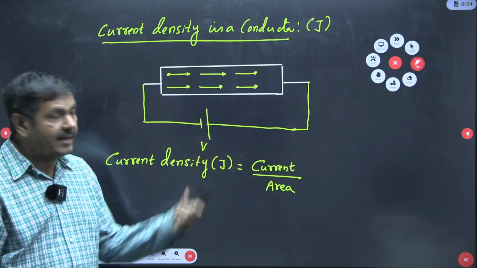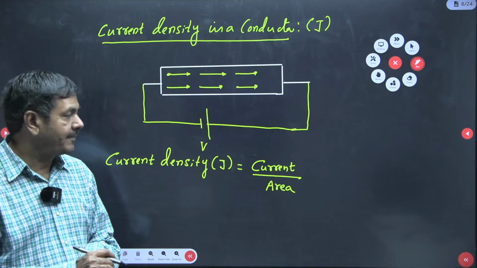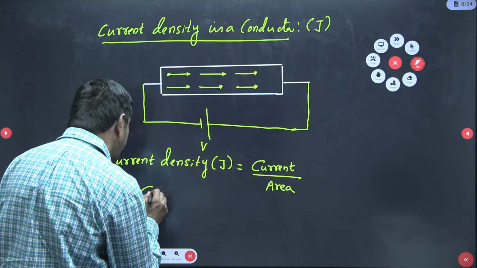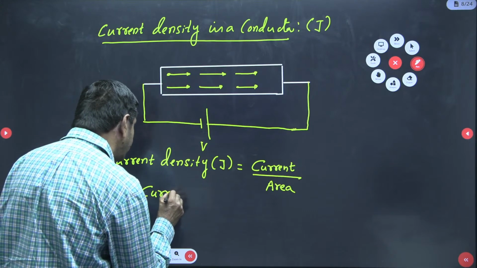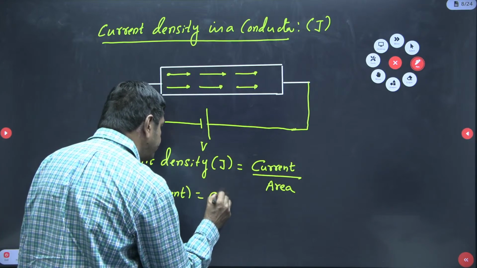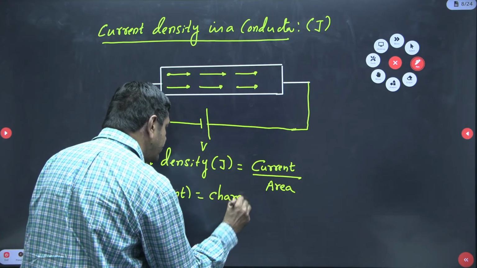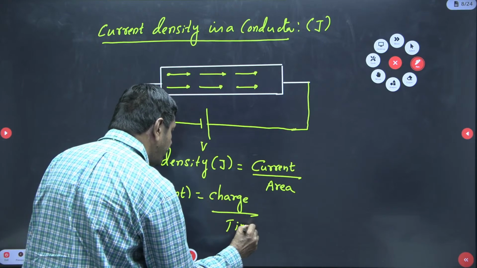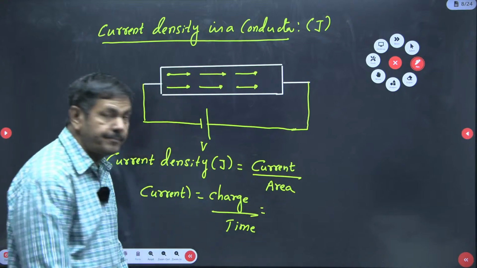But how do we define current mathematically? That is very important. The mathematical formula for the current is charge by time.